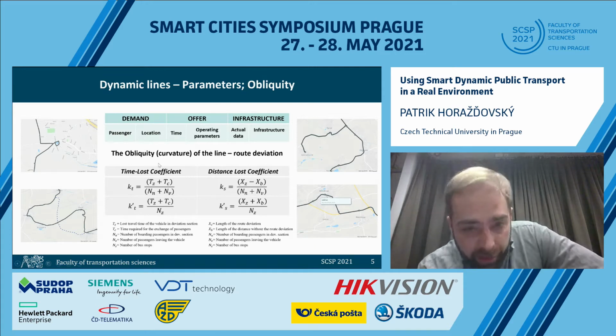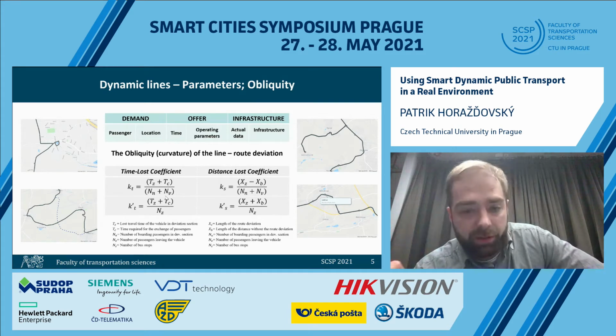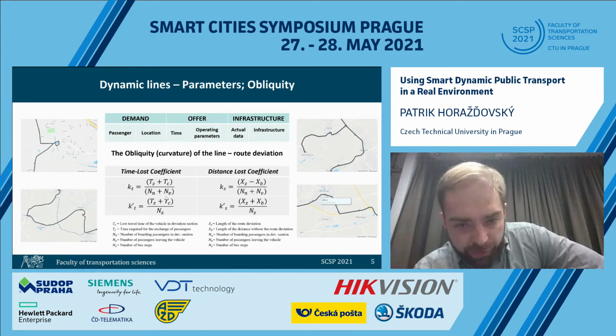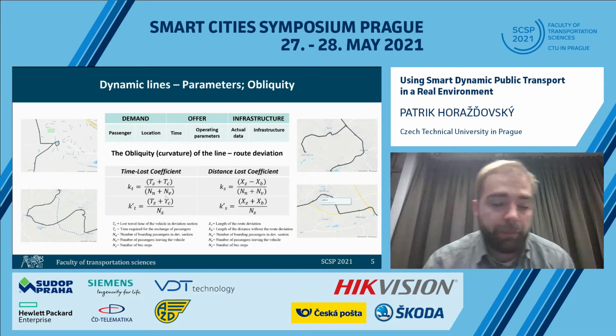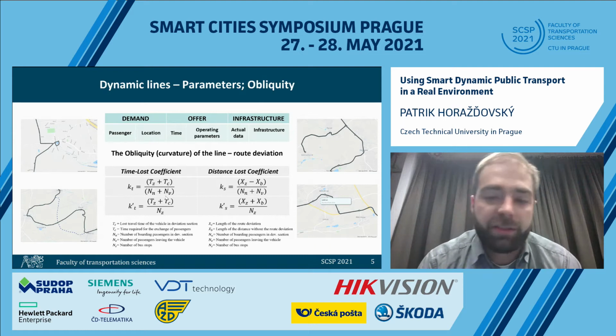So I created some coefficients of lost time and lost distance, and if the coefficient is at some level, I can say yes, this line is in the third level.